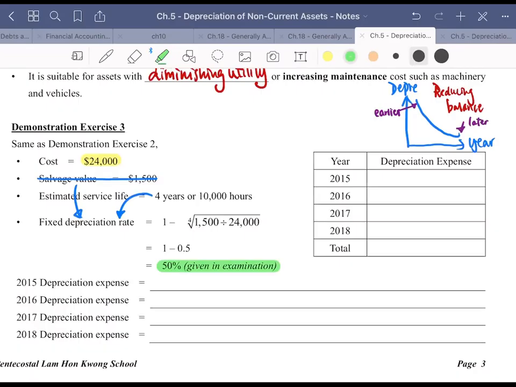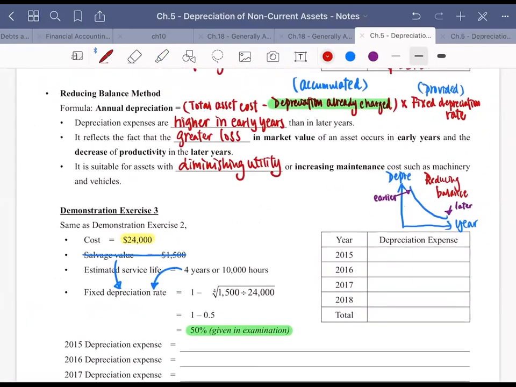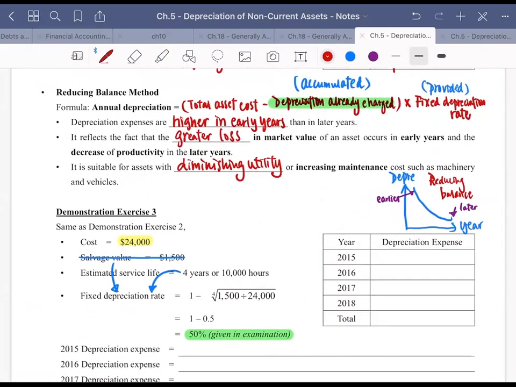The formula above is just for reference if you want to know how to calculate the fixed depreciation rate. So first of all, in the first year, applying the above formula, the total asset cost would be $24,000. And in the first year, we did not provide any depreciation yet. So the depreciation already charged, or the accumulated depreciation, would be $0 in the first year.